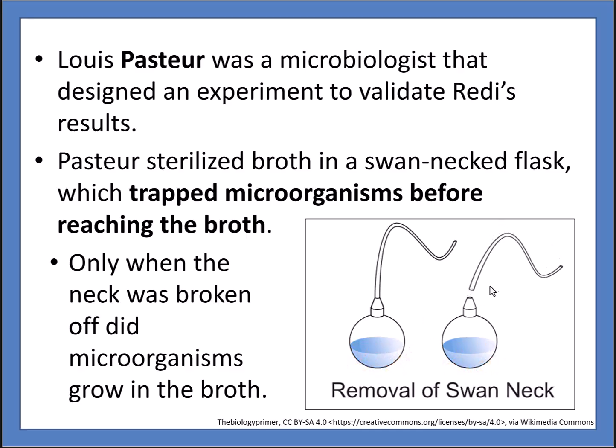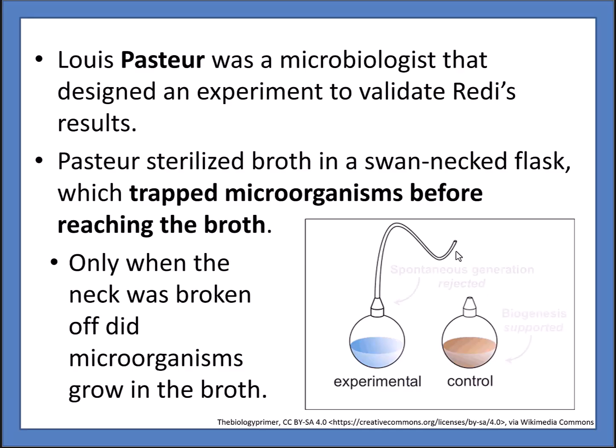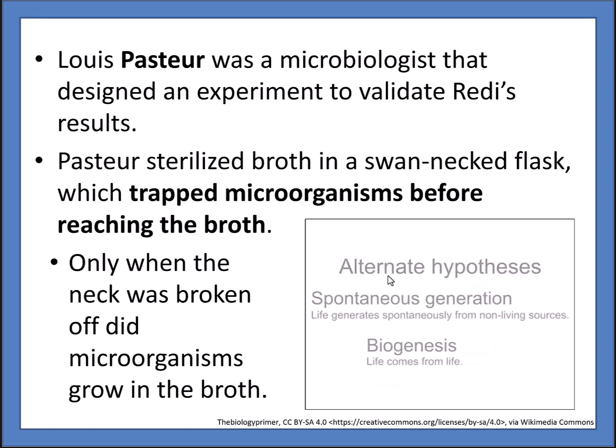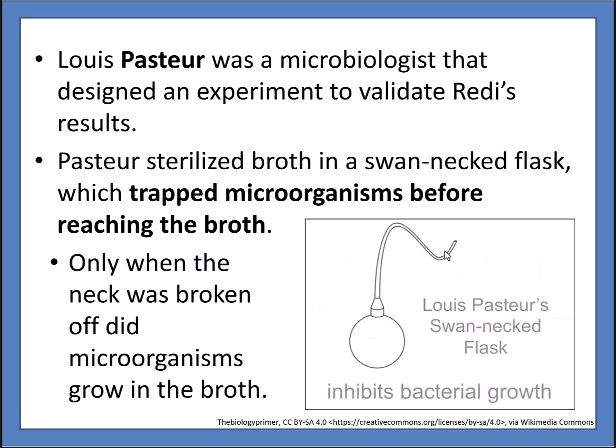He removed the swan neck from one of the flasks so that it was exposed to the air, and the other he kept that neck on. And microorganisms grew in the one that was broken off and not in the other flask. And that's because the microorganisms from the air got caught in this tiny section here.